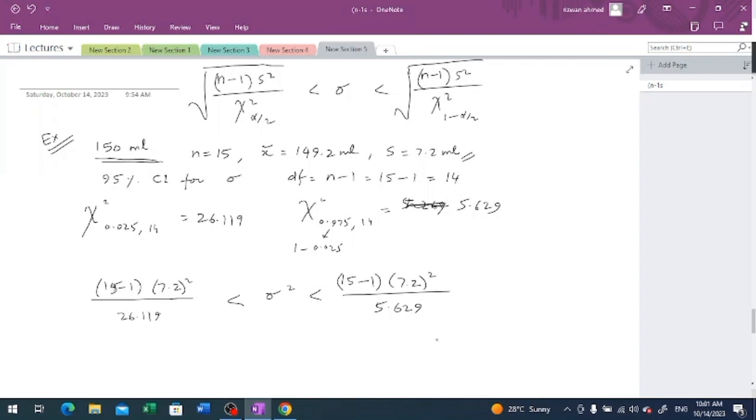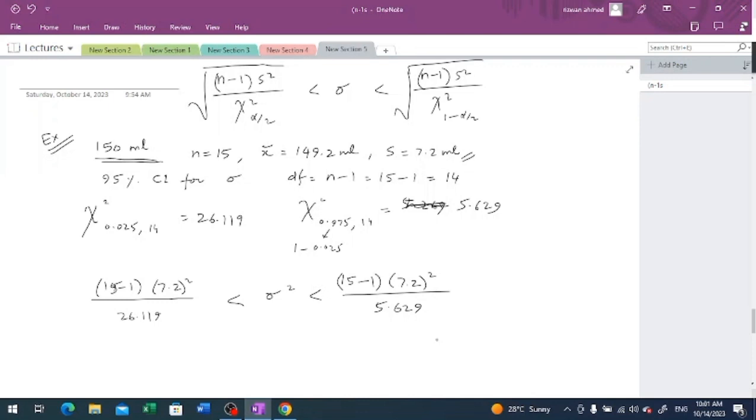Now we are going to compute the values. You can also try on your part. Sometimes I forget to keep my calculator with me, so I am using a cell phone right now.